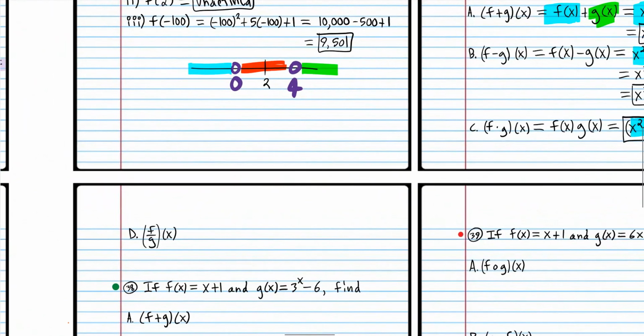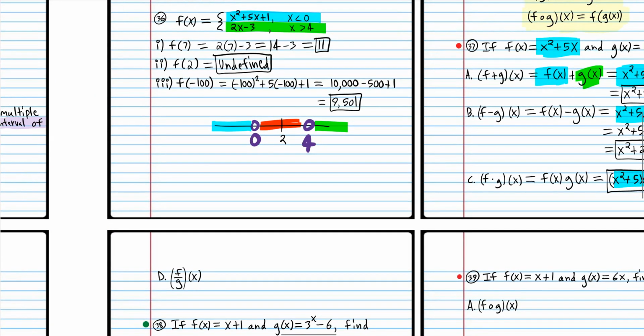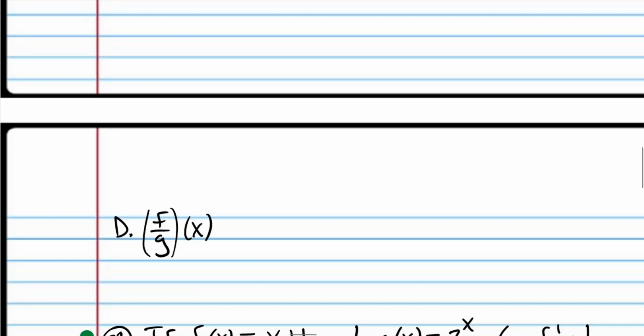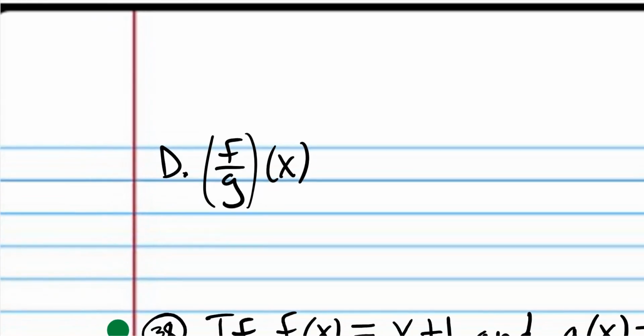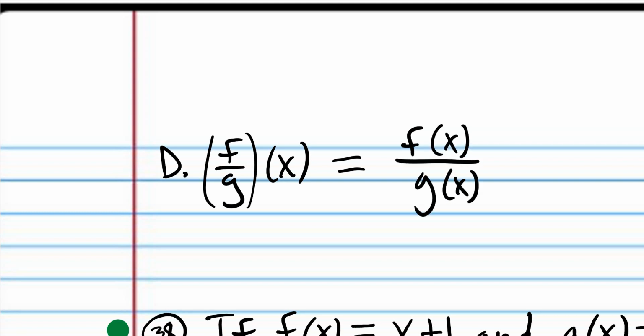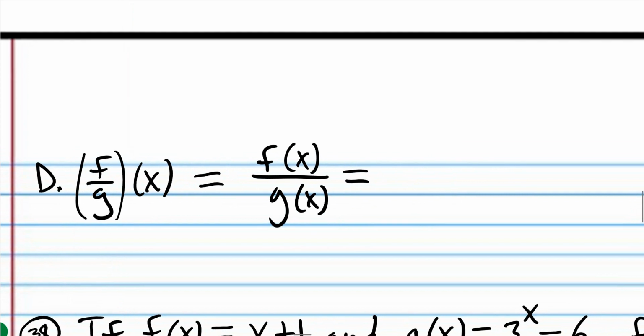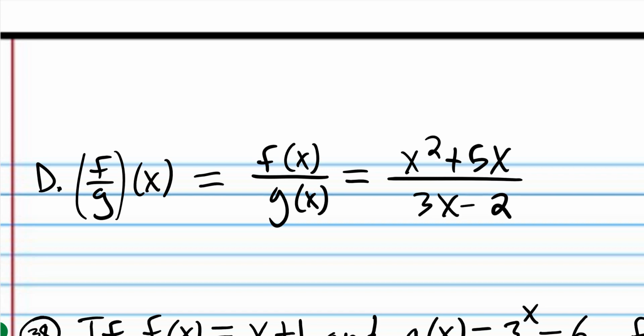Okay, so now we're going to find f over g of x, or f divided by g of x. So as you can imagine, that's just simply f of x over g of x. So this is not hard. So we take the blue expression and divide by the green expression, and we're done.